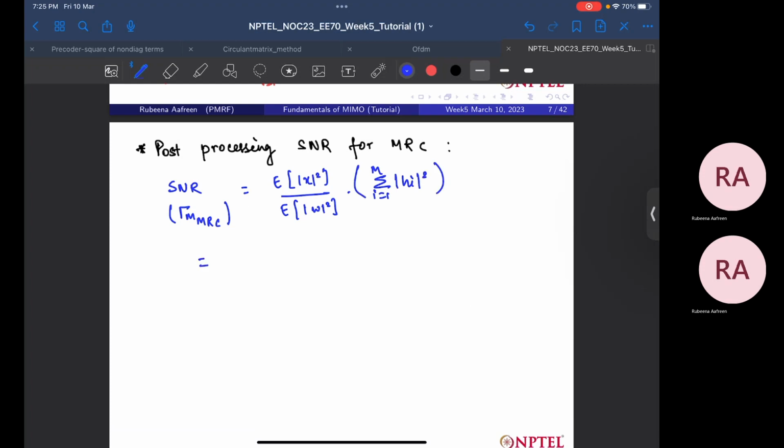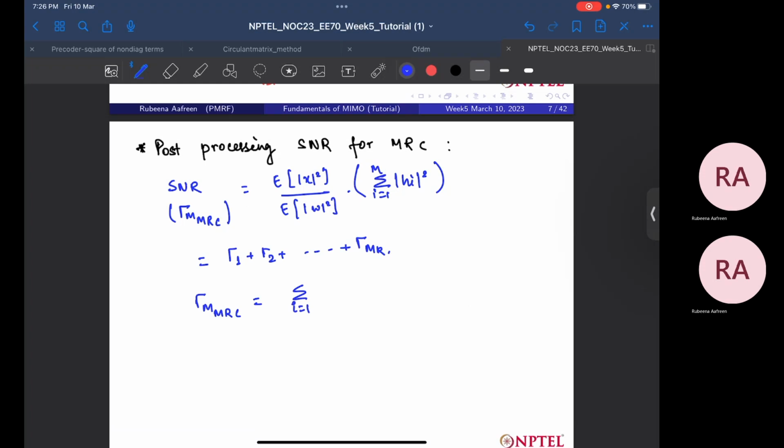Okay, so if we break it down, it will be like expectation of x square by w square into h1 square, then the same term into h2 square, like that it will be broken. So that we can write as SNR of first link plus SNR of second link, and likewise up till SNR of Mr-th link.